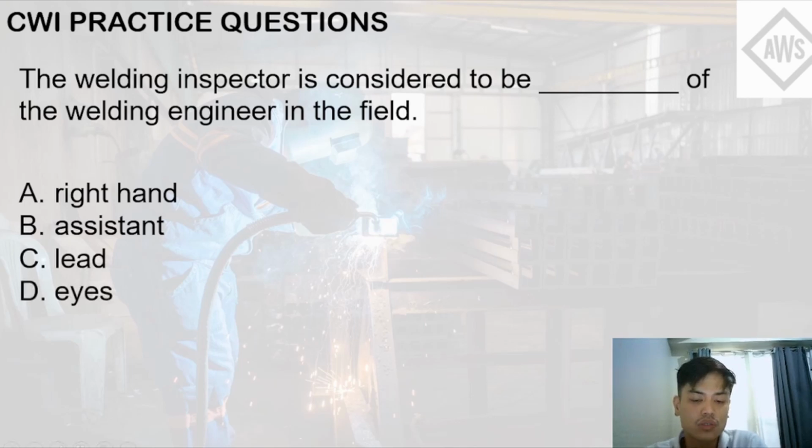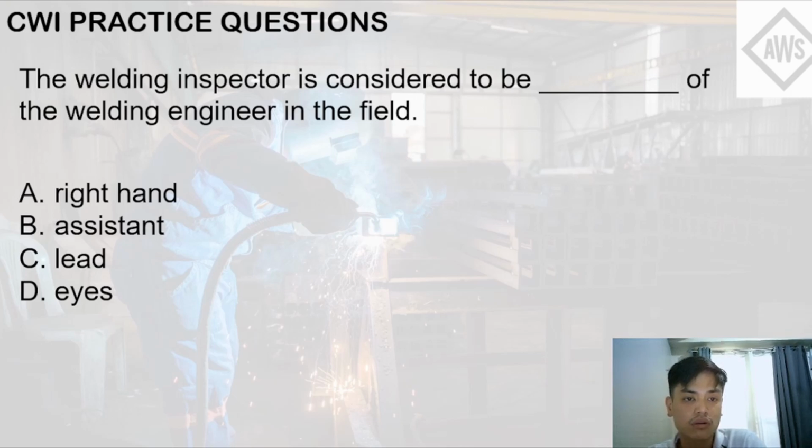So basically, this is about how you can inspect the quality of the weld. There is what you call quality assurance and quality control. The one responsible for quality assurance, meaning the creation of specifications and quality standards, is the welding engineer, who does that and implements it in a construction project or in a maintenance activity in the plant, for example.